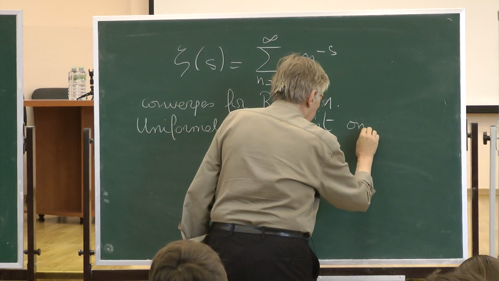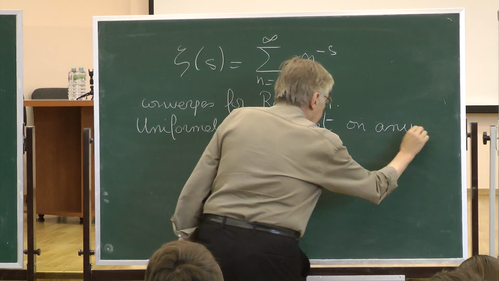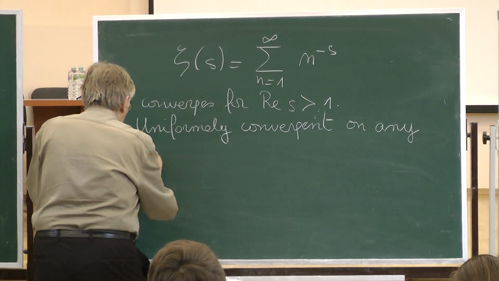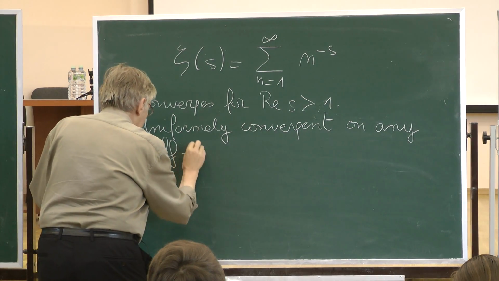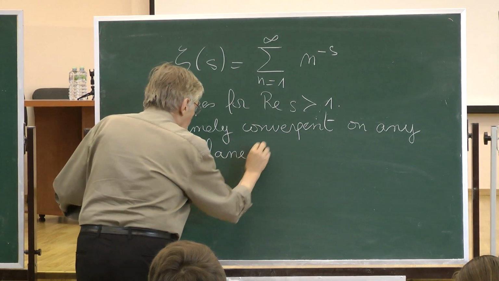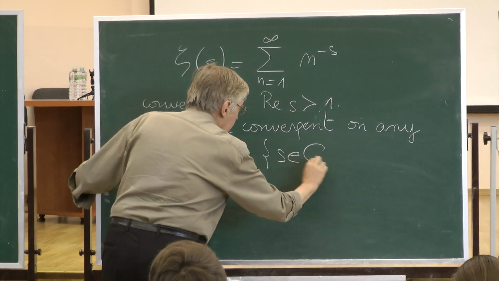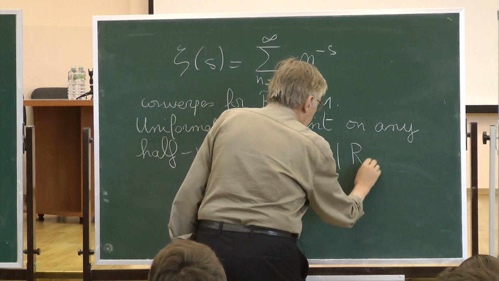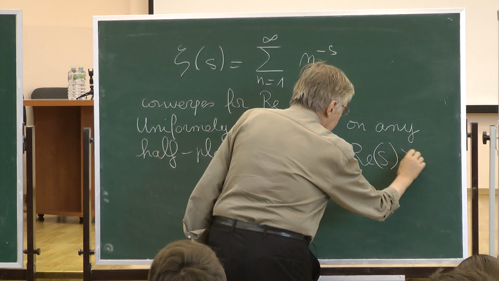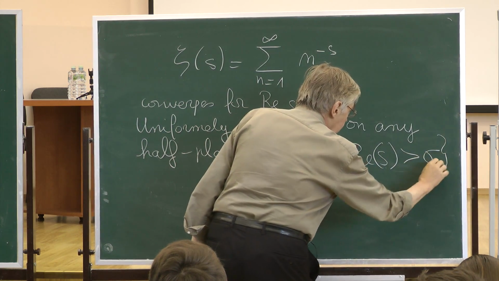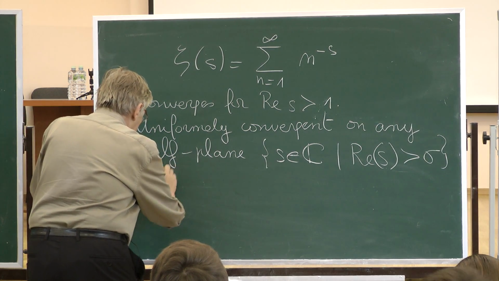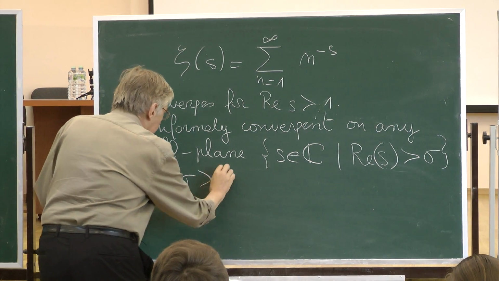On any compact subset, or even on any half plane of the form: you take the set of complex numbers such that the real part of s is strictly larger than sigma, with a sigma which is bigger than 1.